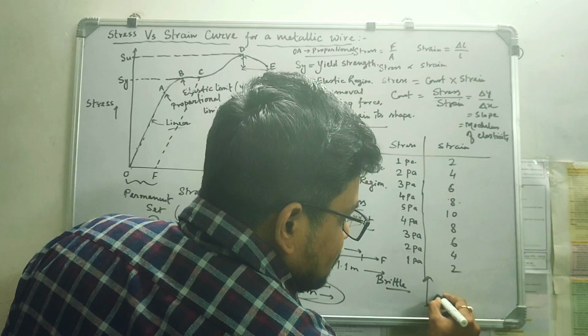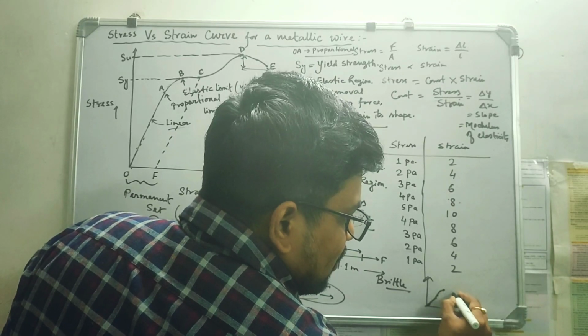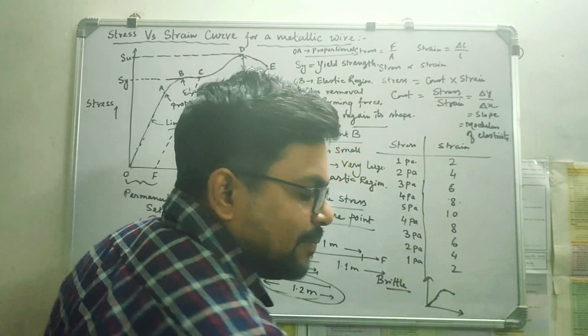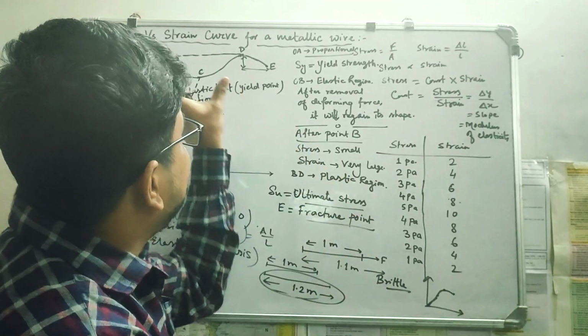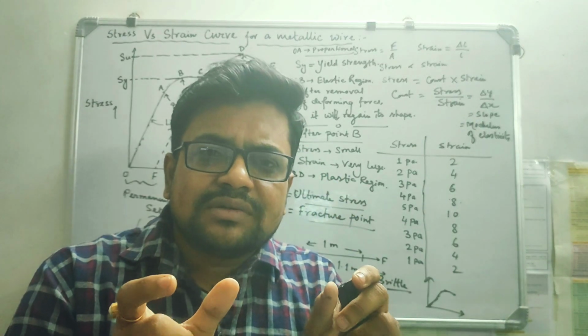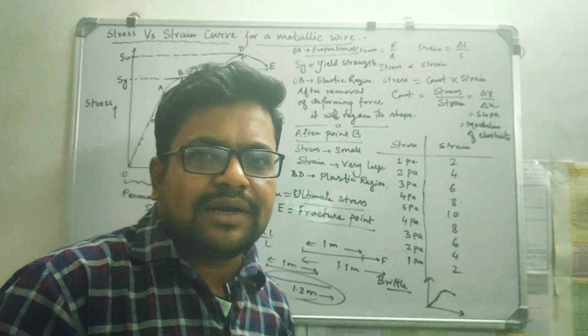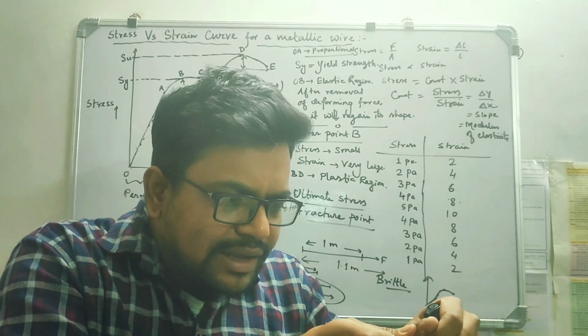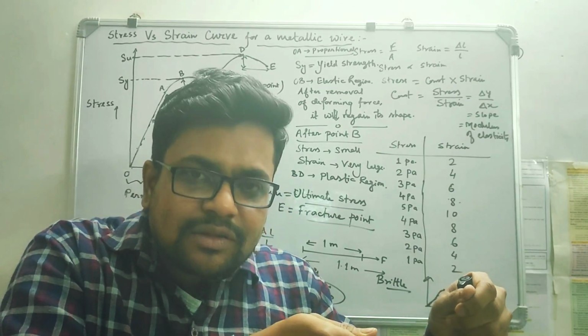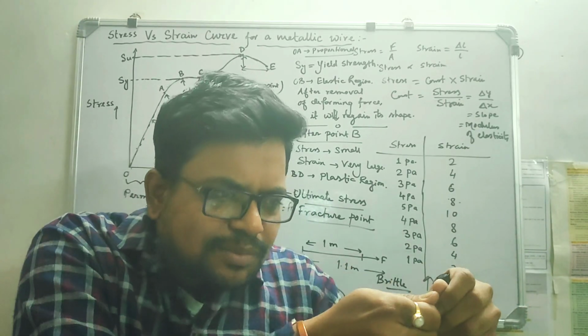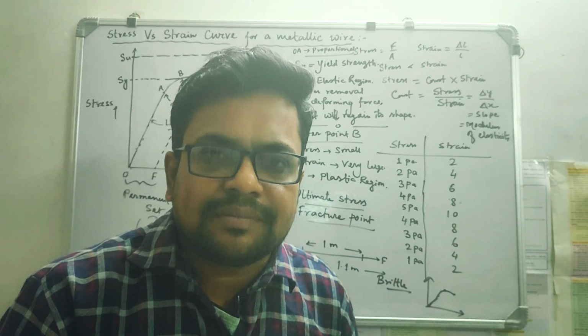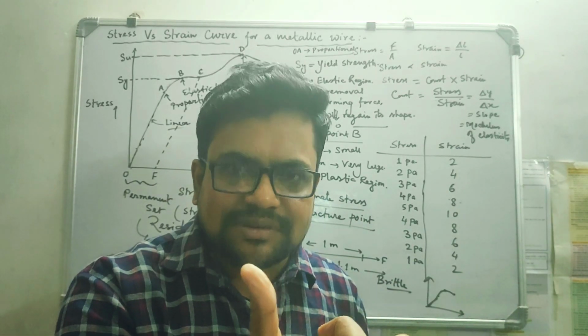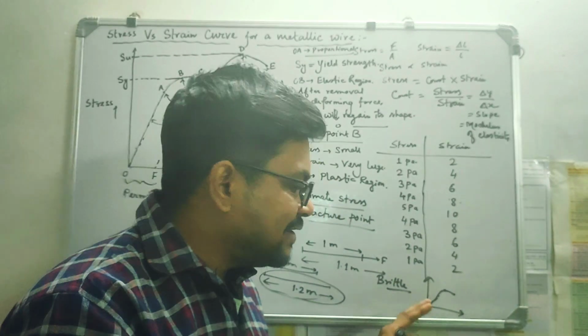The elastic limit and fracture point are very close. That means the plastic zone is almost negligible in the case of brittle material. Means if we increase the length of a brittle material just beyond the elastic limit, it will break. For example, glass is a perfect example of a brittle material.